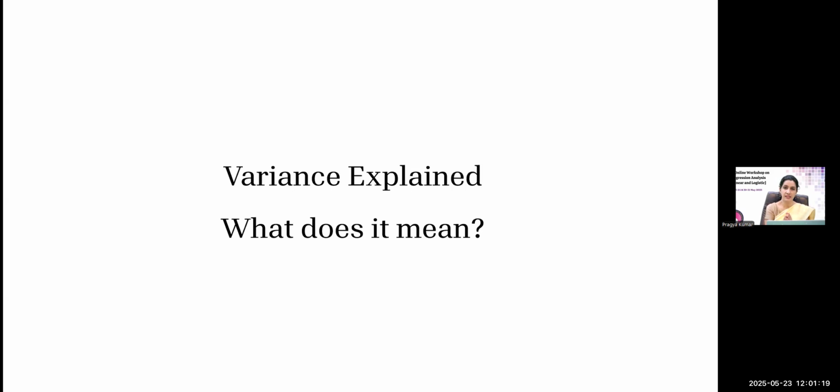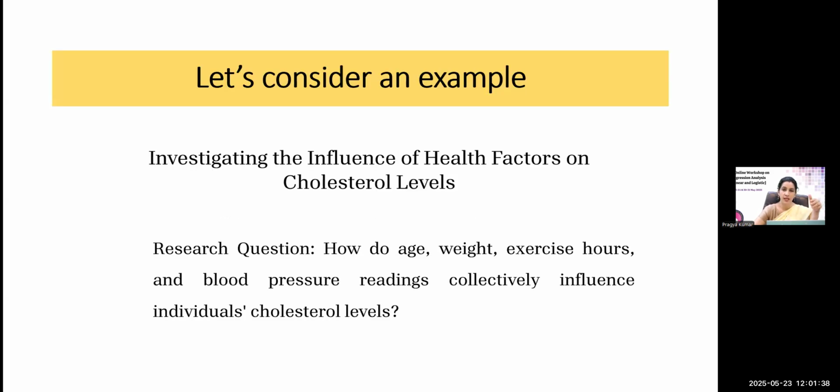Basically, R square tells you the variance explained, meaning how much of the variation in the dependent variable is explained by the independent variables, from one person to another. Let's consider this example. I'm investigating the influence of health factors on cholesterol.